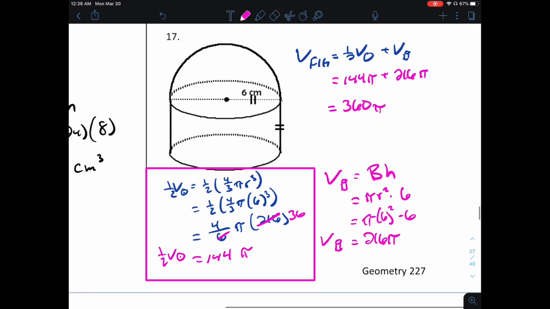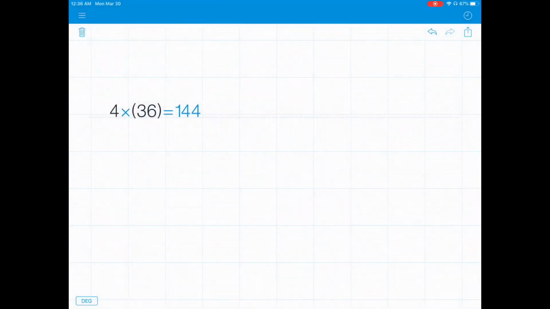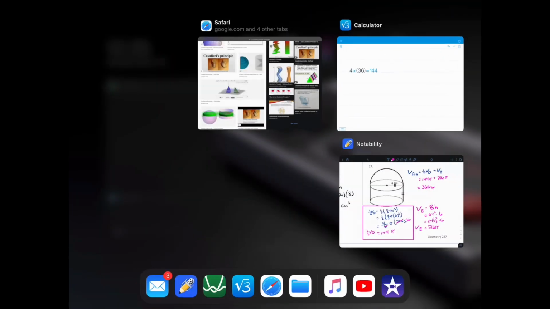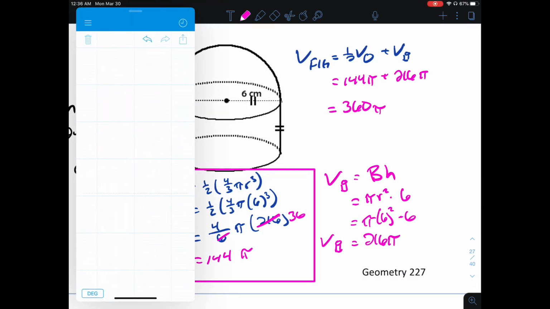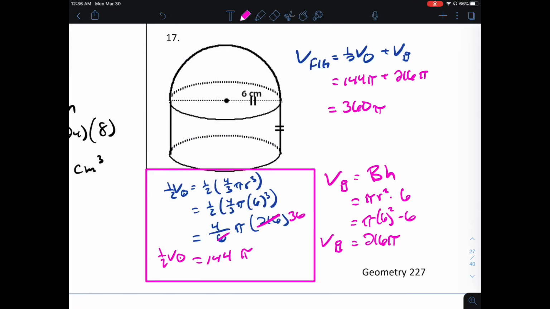Let me just check real quick, because right now my confidence is shaken. 144 plus 216, 360. Yes, 360 pi.